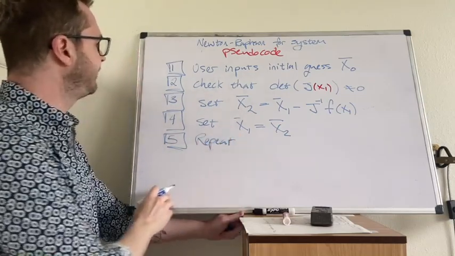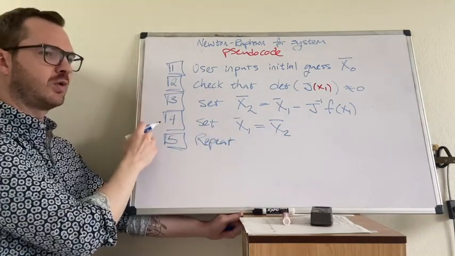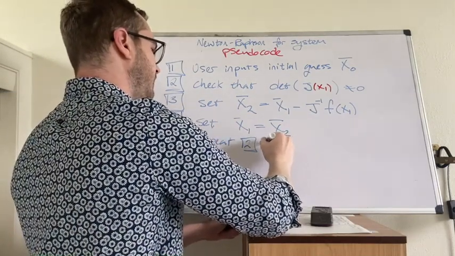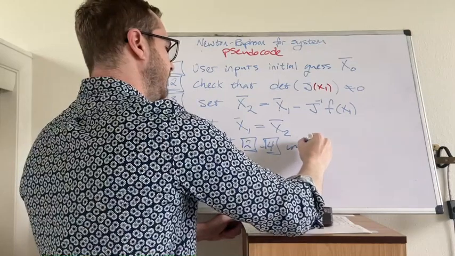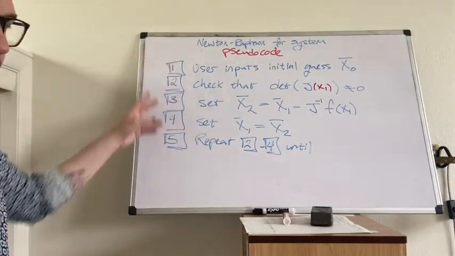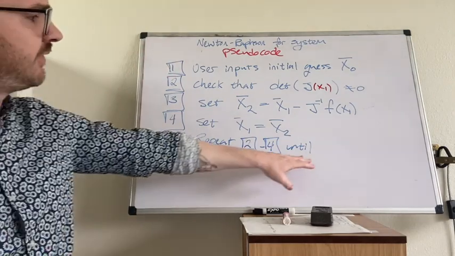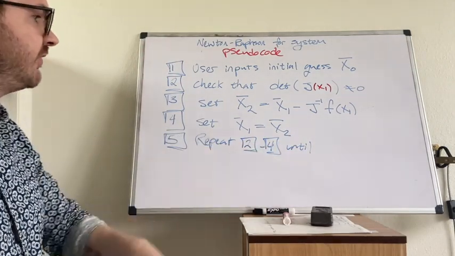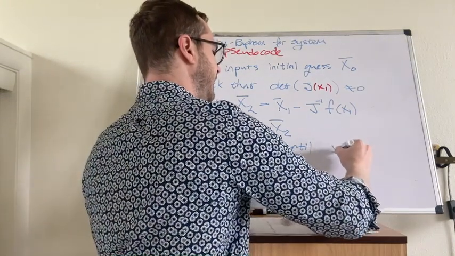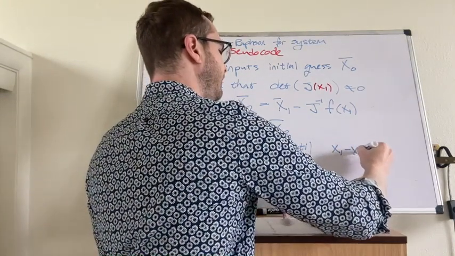We're going to repeat steps 2, 3, 4. Until what? Recall that in previous algorithms, we have set some convergence threshold on this. We're going to do the same thing here. Let's say until x1 minus x2.